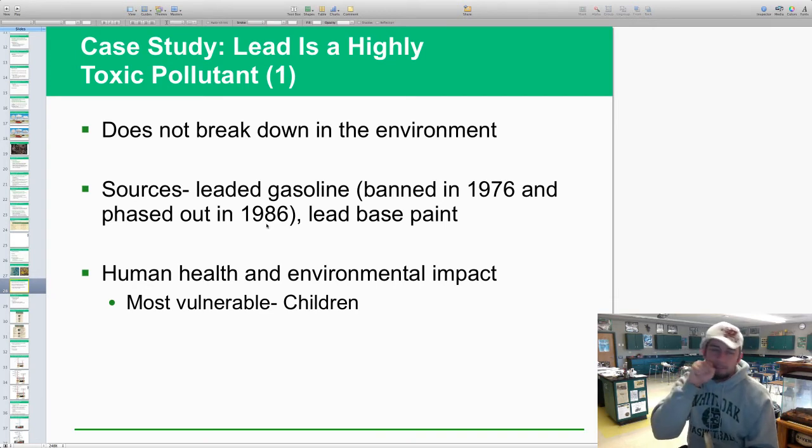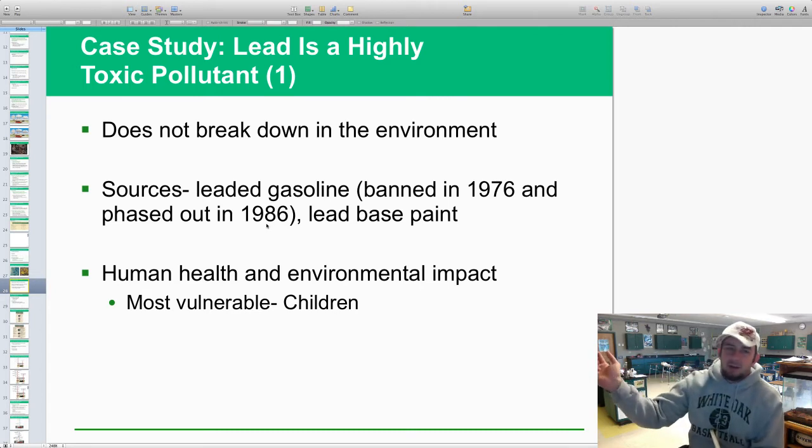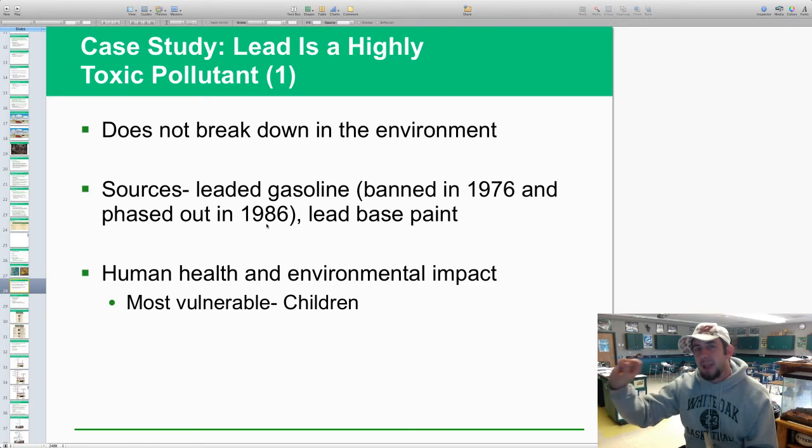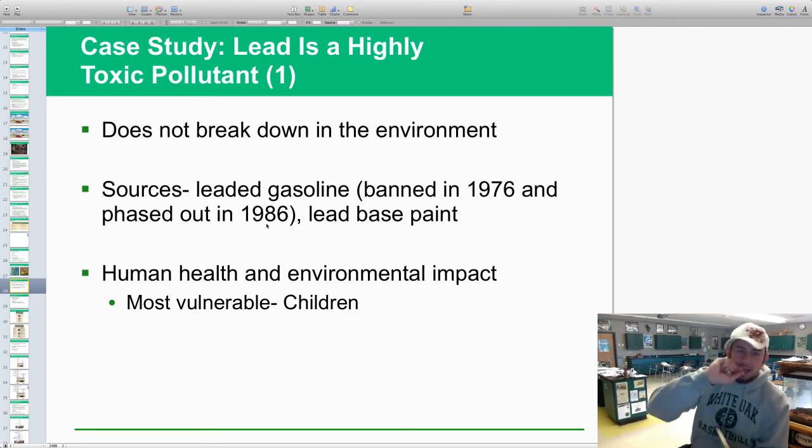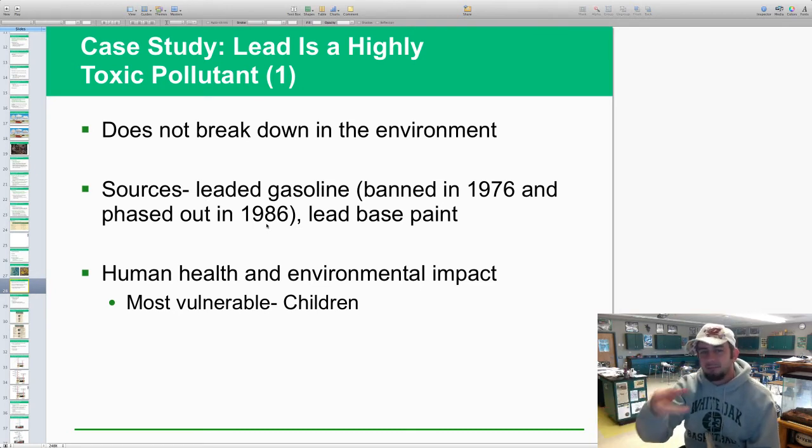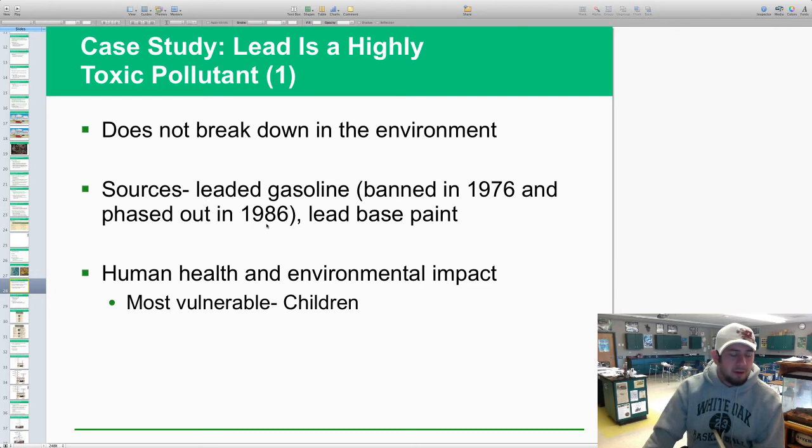So when children would bite on their toys, it tastes sweet, and they'd keep wanting to bite on them. And if you had paint in your house that was kind of chipping, kids would chip paint off the walls in their cribs and actually suck on them and get the sweet flavor out of them. That would just be ingesting a toxic chemical that they didn't even know about. And so we saw a lot of very damaging cases in children before it was banned in '76. So that is kind of one of those scary thoughts there.